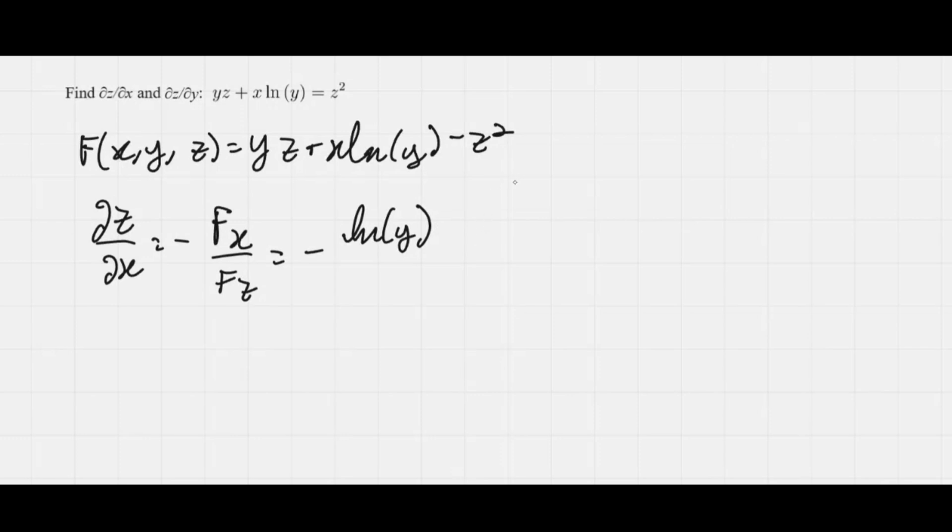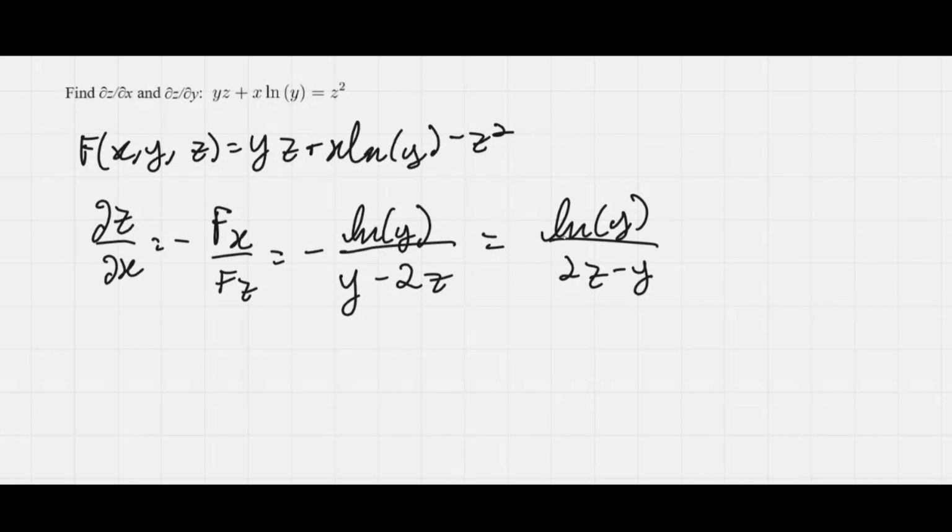And that negative z squared is going to be 0, right? So we have negative ln y up top. The partial of f with respect to z is going to be, well, that yz becomes y, right, because the y is a constant. x ln y, we take that out, that's 0. And then we have negative 2z over here. In fact, we can rewrite this as ln y over 2z minus y, distributing the negative into the denominator.